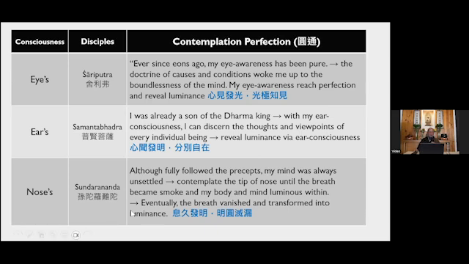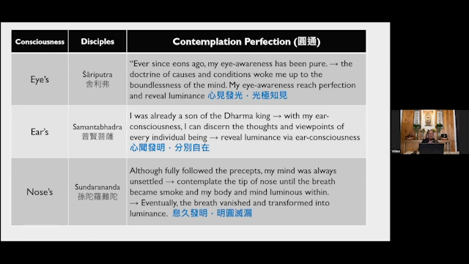Okay, and how about the nose? The breath. He is the disciple who fully followed the precepts, but his mind was always unsettled. Physically, he followed all the precepts perfectly, not violating any. But the problem is his mind was not settled. So the Buddha taught him to contemplate the tip of the nose.